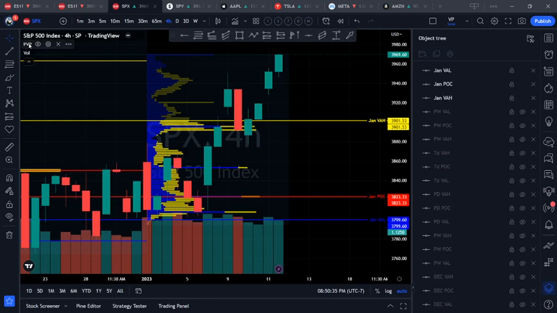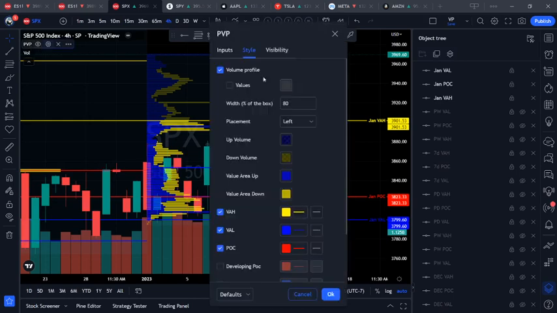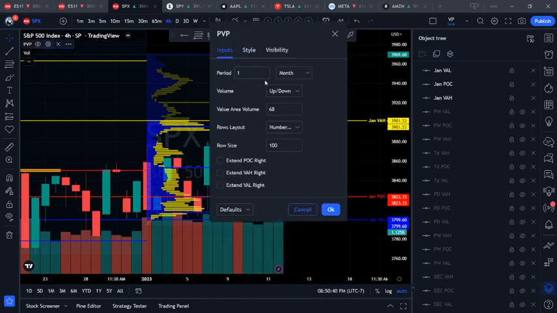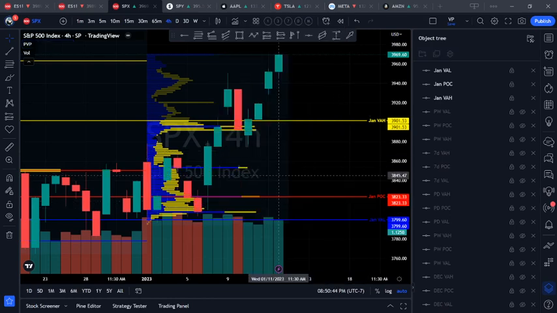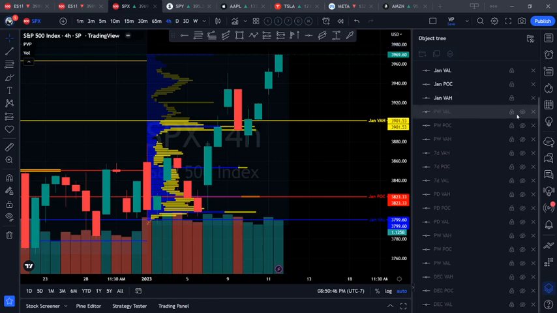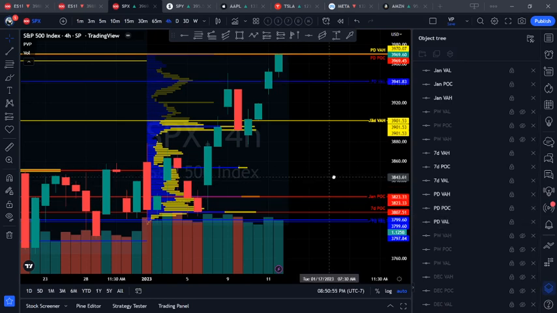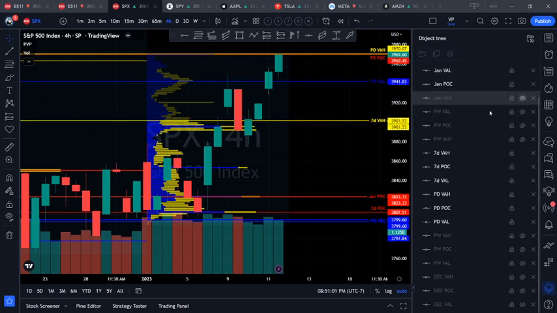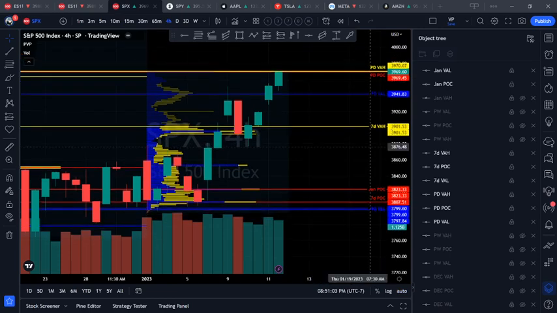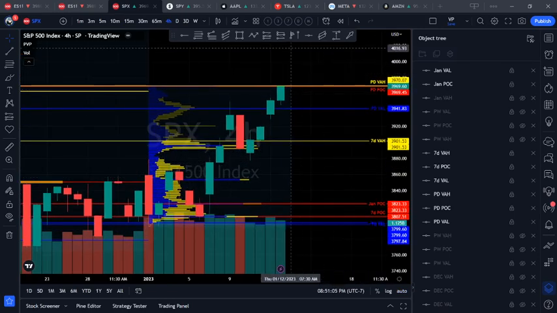I know these settings are correct. One month, 68.100. Yeah. Interesting. Seven-day and January value area high are pretty much the same, so I'll leave that off.